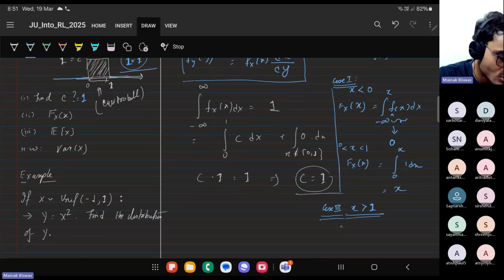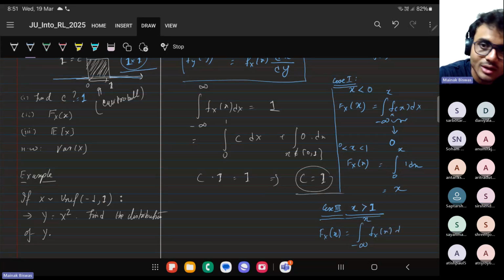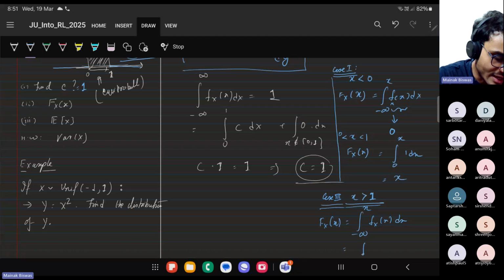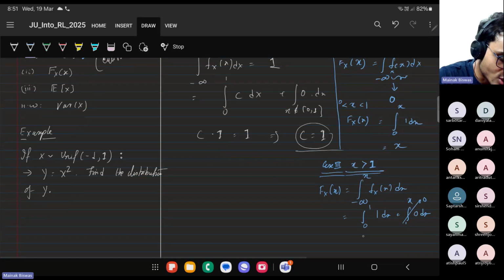No. Just be a bit careful and tell me what you will get. Why will it be 1? Because I can write this as the integral from 0 to 1 of dx plus 1 to x of dx. As you are saying, this second part is 0 dx. But the first one is 1, right?